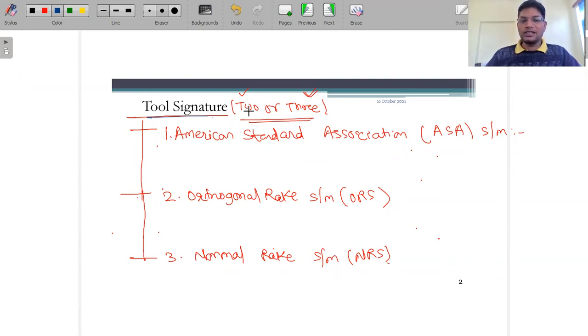Tool signature defines how we are keeping the tools, or how we are machining the tools. Scientists and research organizations are continuously working to invent new materials.